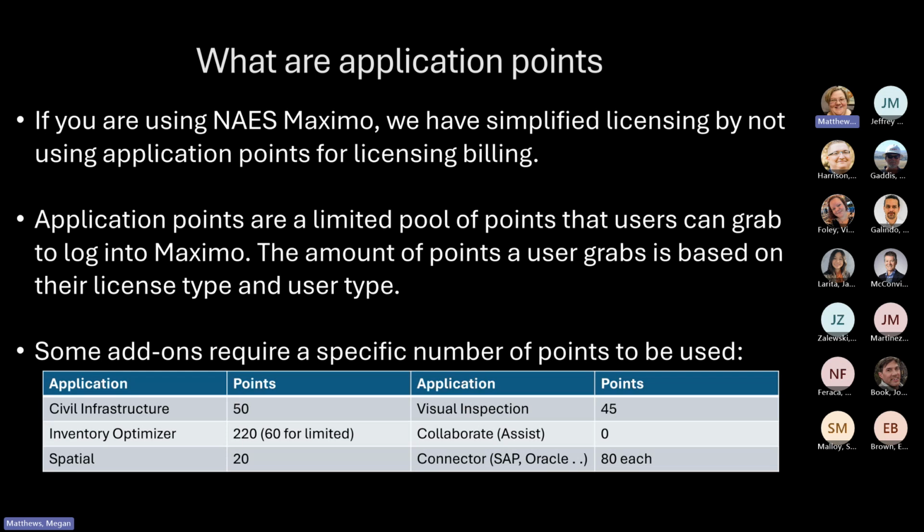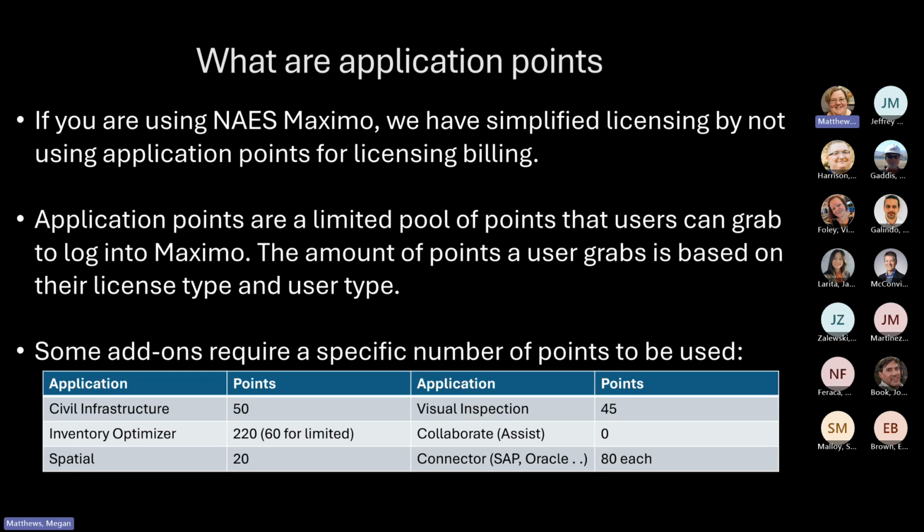So the way that IBM has changed their licensing is we purchase a pool of points. These points can be used, so users can grab those points to log into Maximo. So based on their license type and their user type, they would grab a specific number of points and use those whenever they go into Maximo. And as long as those points are available in the pool, you can log in. And as soon as those points are gone, then nobody can log in anymore.